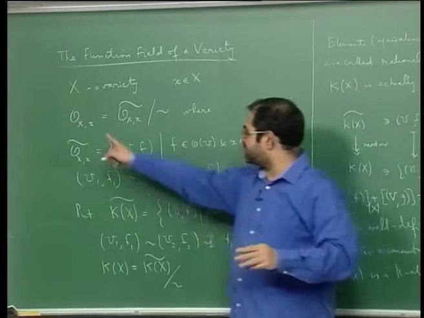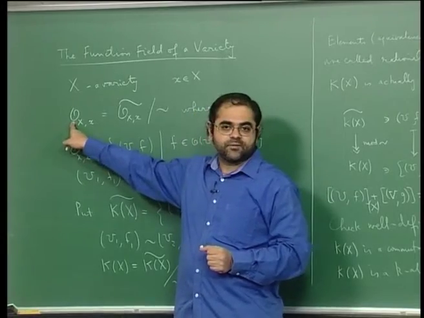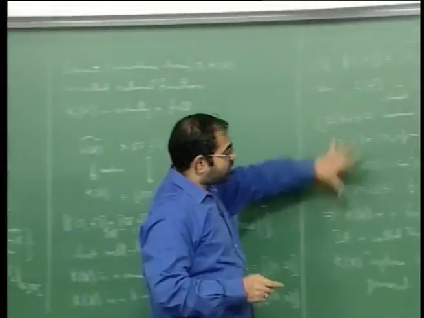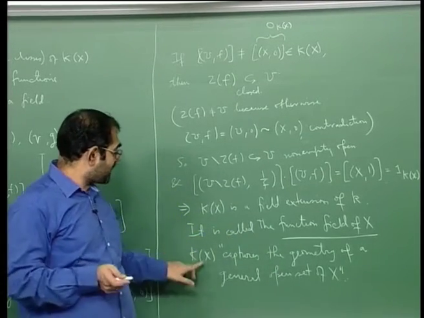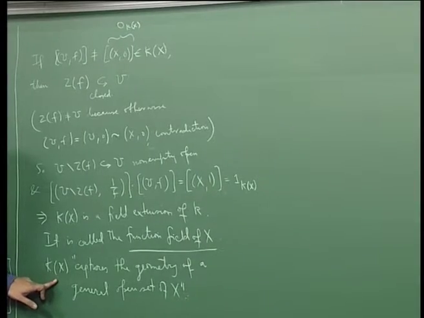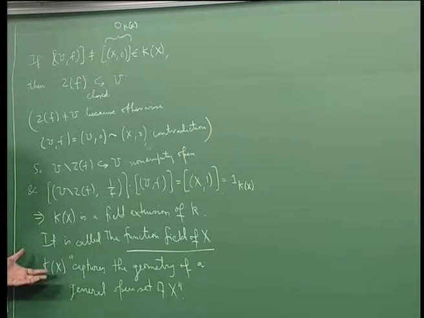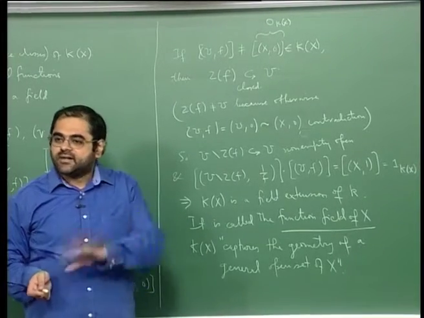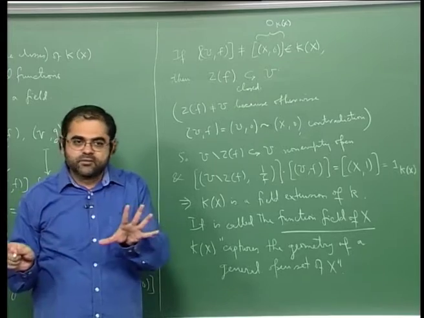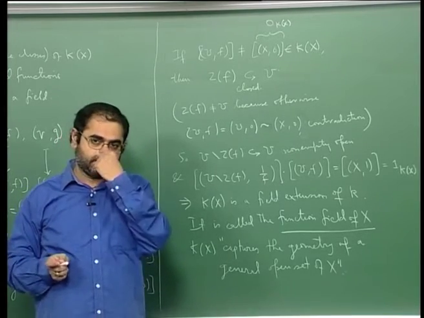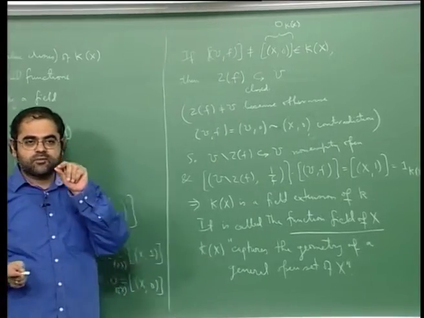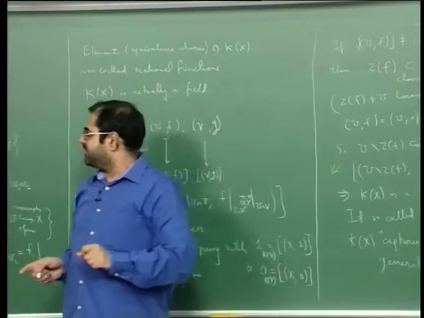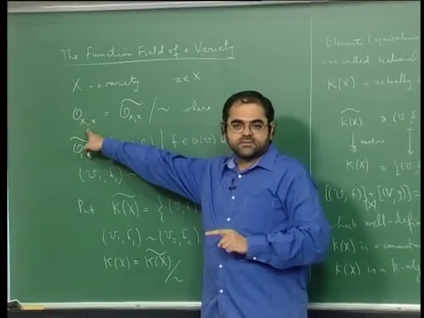Whereas if you want to know what is happening on a general open subset of X, that information is captured by Kx. If you have a geometry question about a general open subset of X, then what you have to study is Kx. If you have a question about what is happening at a point of X, then the object you have to study is the local ring.